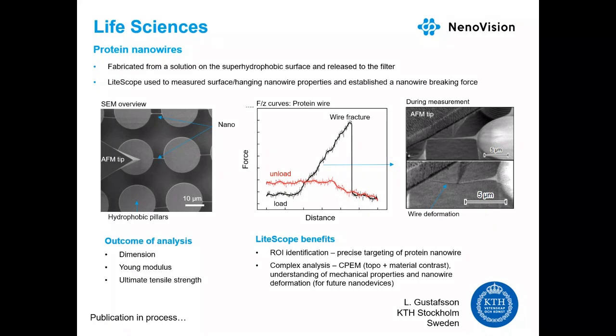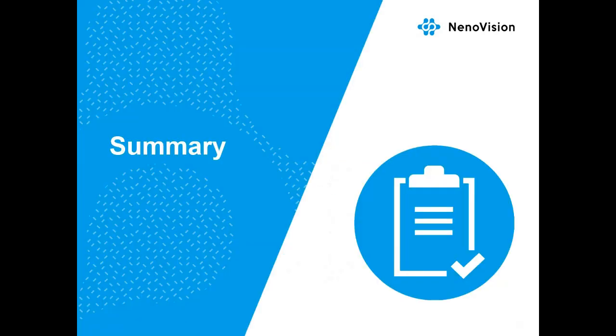So again, some benefits: precise localization of the region of interest, analysis of mechanical properties, and complex analysis using the CPEM. With that, I would like to summarize the webinar.